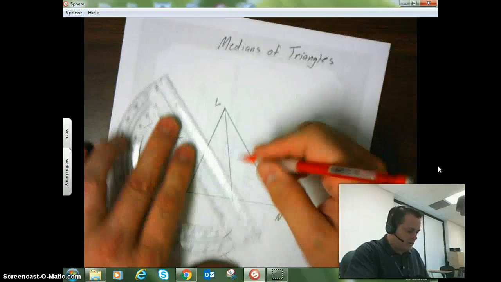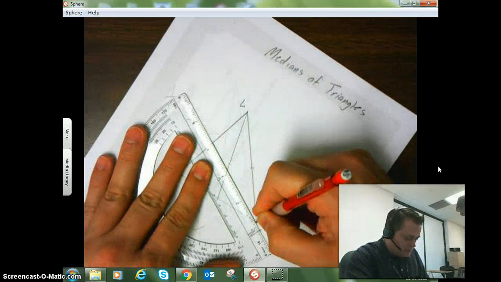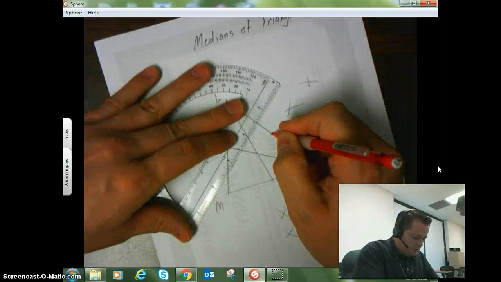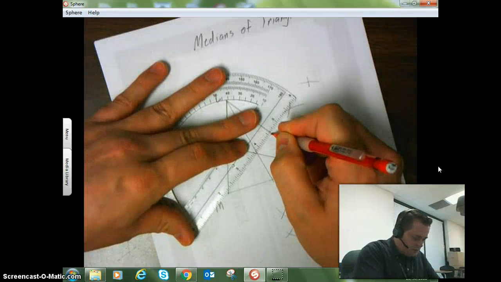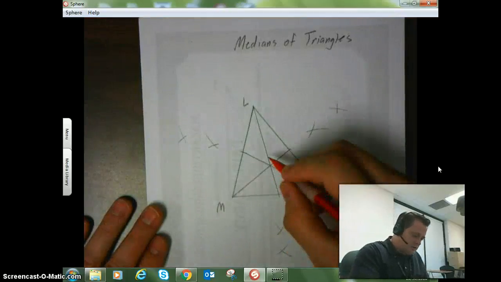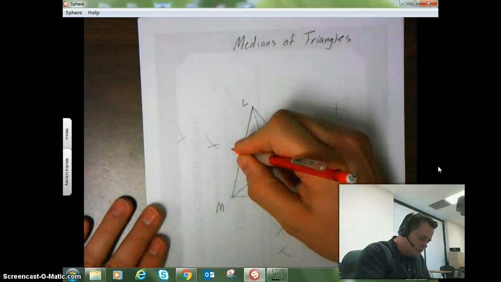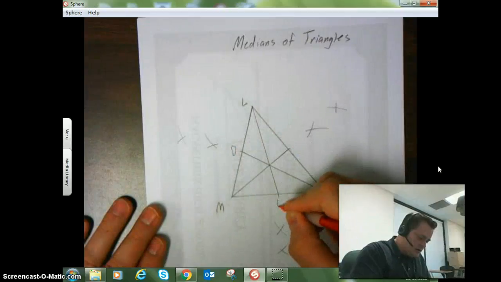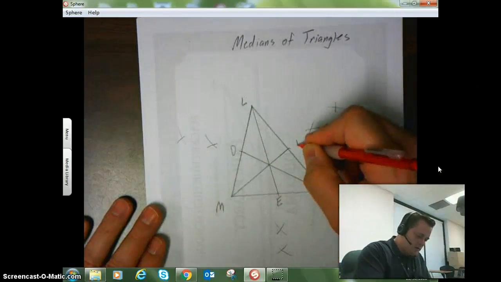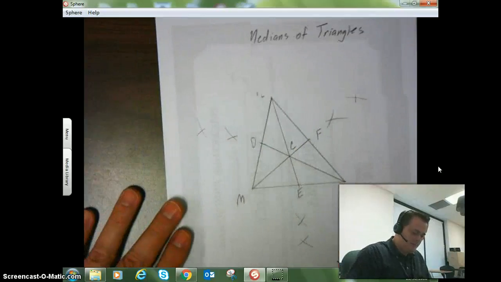So we're going to have three medians. They look like that. And you can see that they have a point of concurrency. So here I'm going to call this midpoint D, this one E, and this one F. And I'm going to call this point C.